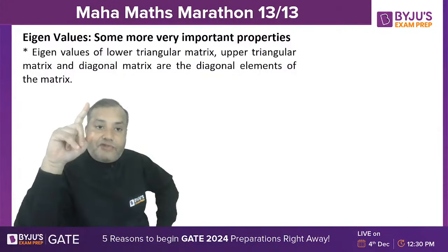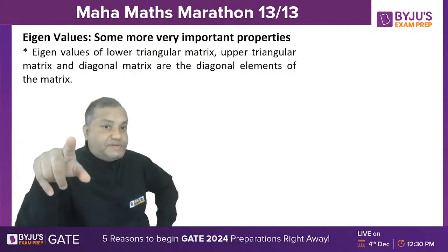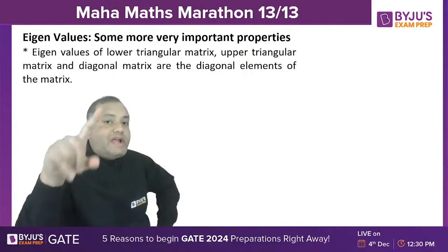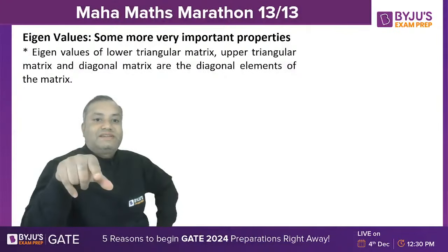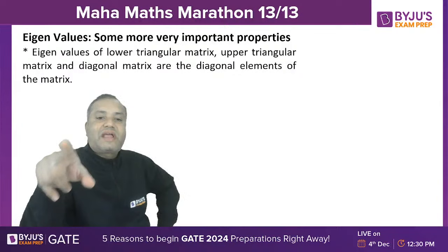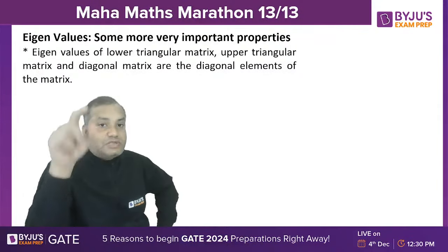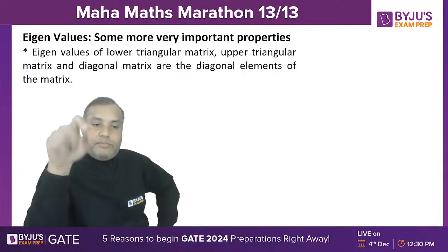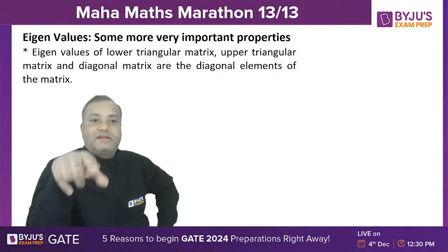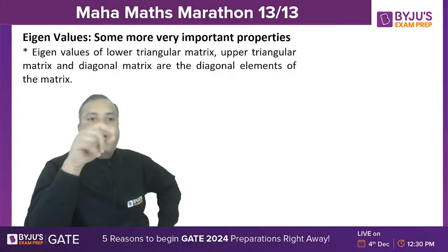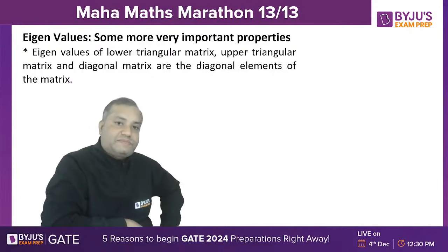Eigenvalues are affected by elementary transformation. So don't try to convert a given matrix into an upper triangular, lower triangular or diagonal matrix to find the eigenvalues. That is wrong, because once you apply elementary transformation, the given matrix loses its identity and it becomes a new matrix.